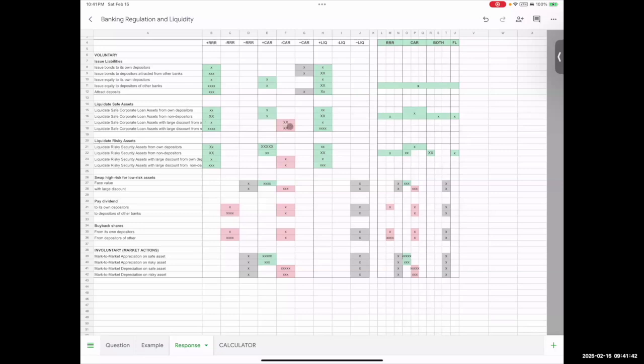It's going to be pretty bad for the capital adequacy ratio, not necessarily for the reserve ratio requirement, which it will still improve. And if you're liquidating without the discount, then considering both rules, it will be better to do that with non-depositors than with depositors.